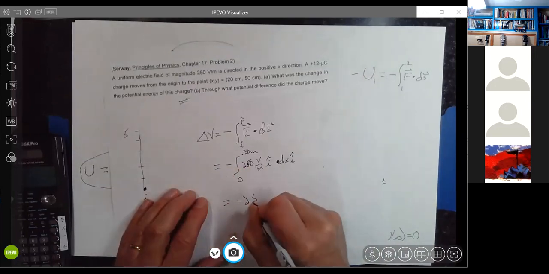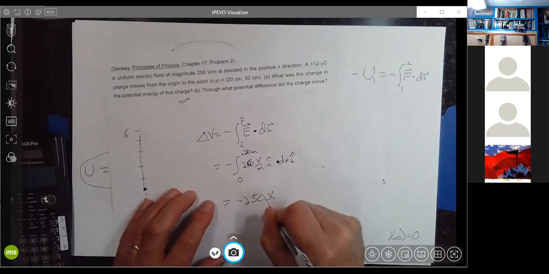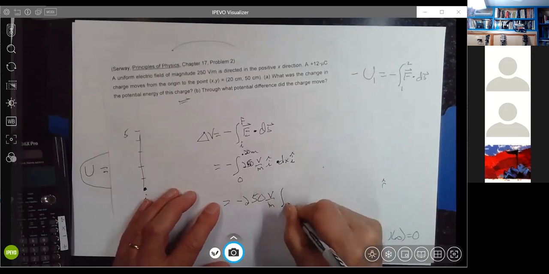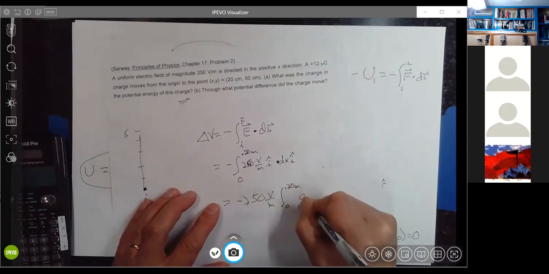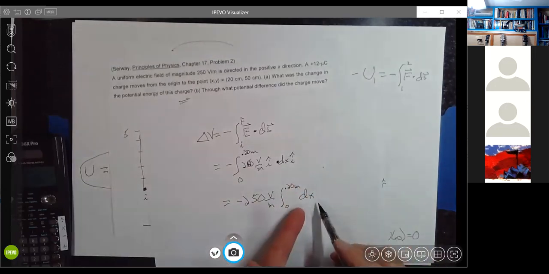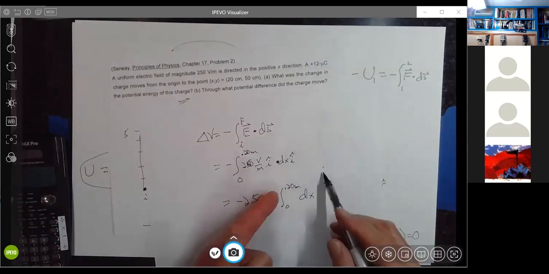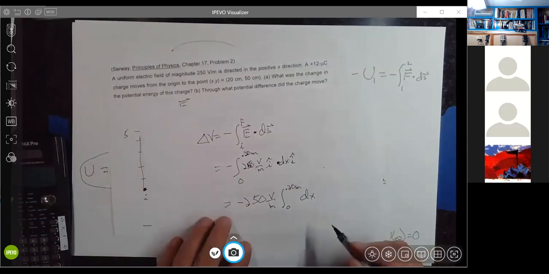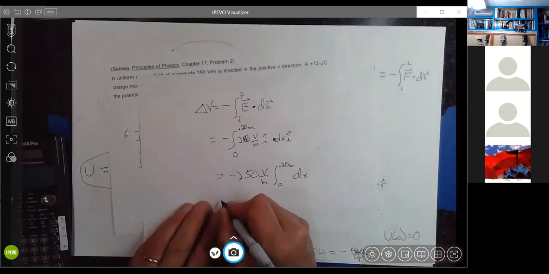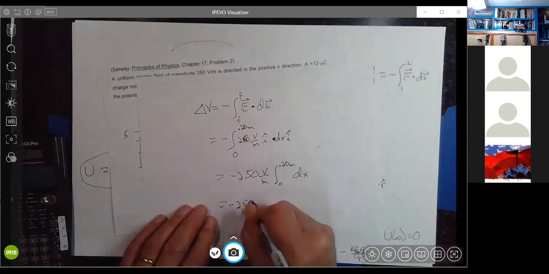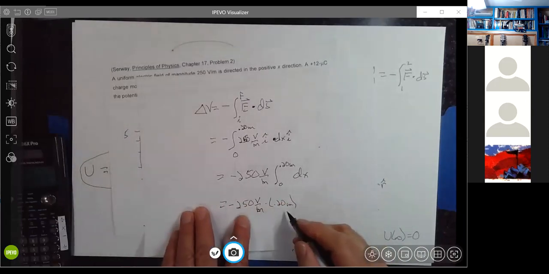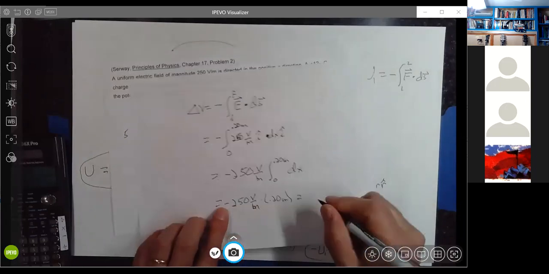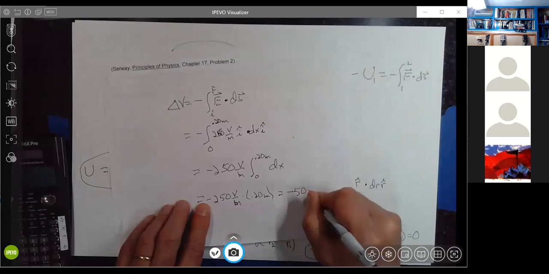So minus 250 volts per meter, and then left inside the integral, I end up with 0 to 0.20 meters of dx. Well, the integral of dx is just x, evaluated at 0.20 meters and 0 meters. This ends up being a really simple multiplication, minus 250 volts per meter times 0.20 meters. 0.20 is a fifth of a meter, and so I end up with minus 50 volts.